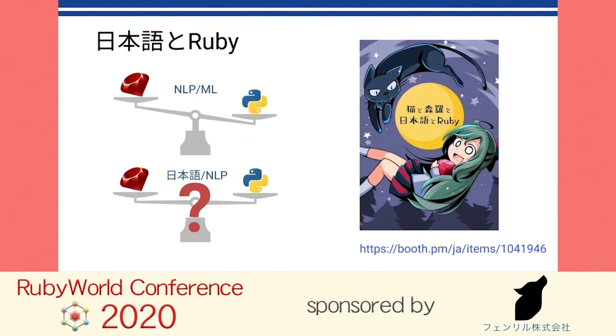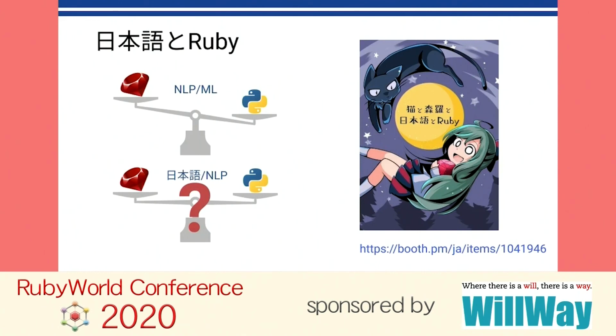For example, for an NLP product uniquely for the Japanese language, morphological analysis, the most well-used popular product is called MeCab. MeCab is implemented in C++ and has bindings for each language. So for the Japanese language, Python or Ruby, which has an advantage?